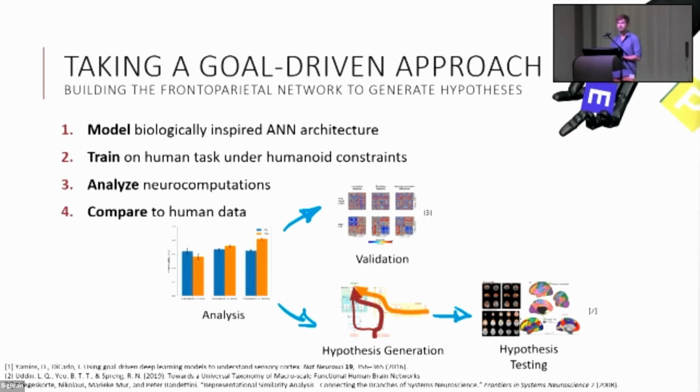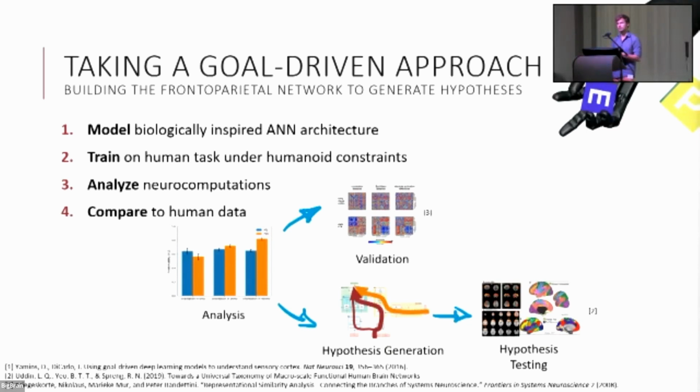For instance, given in our case by this anthropomorphic robotic hand and the use of only humanoid raw sensory inputs. Our premise is that given these constraints, the neurocomputational strategies that develop between all these different areas will have to resemble the neurocomputations that we would find in the brain, but that we cannot easily extract from the brain without having prior hypotheses.